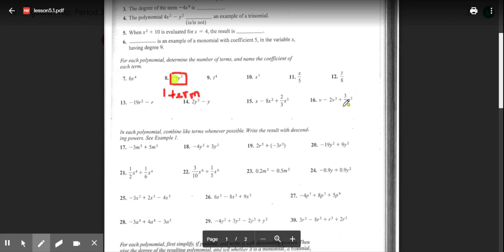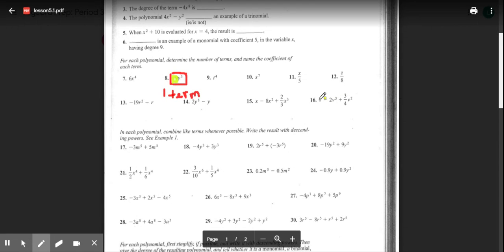So if we jump ahead to 16, you're looking at it and probably saying, I don't know how to do fractions, Miss Klein. Okay. Well, again, there is a fraction, but we're not asking you to add any fractions right now. We're just asking you to determine the number of terms and name the coefficient of each term. So each term is separated by either an addition sign or a subtraction sign.